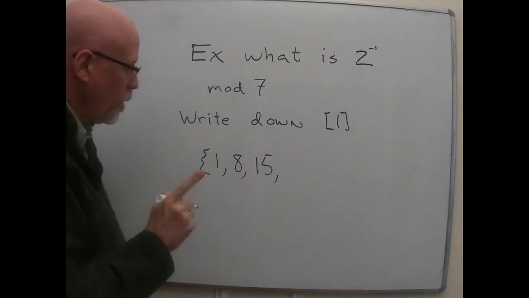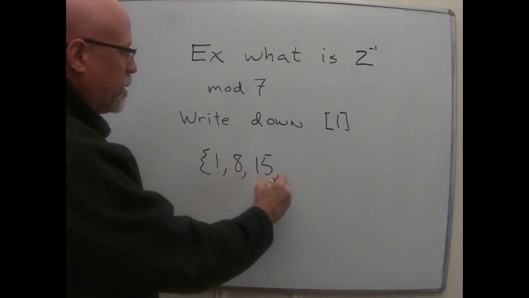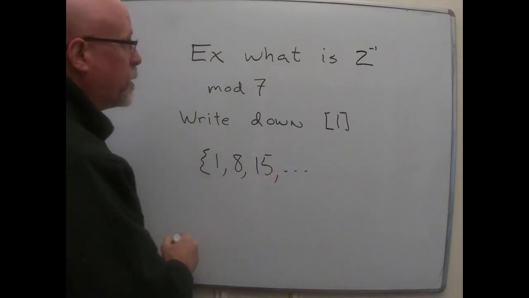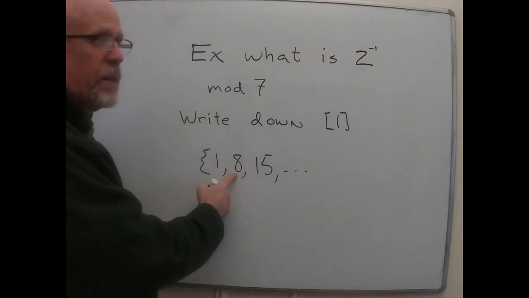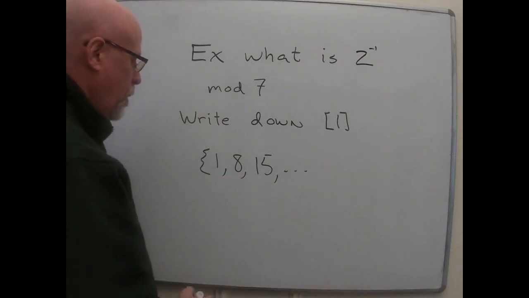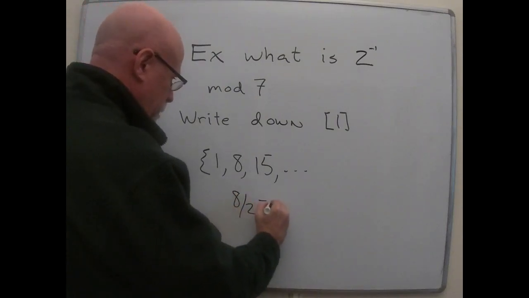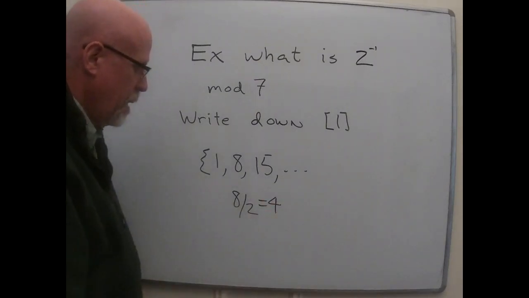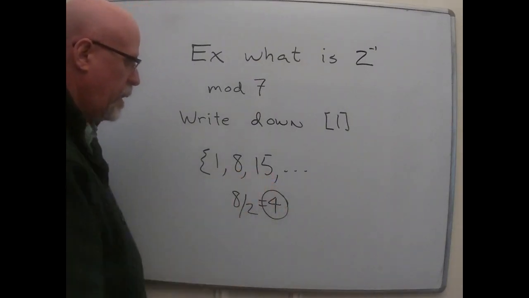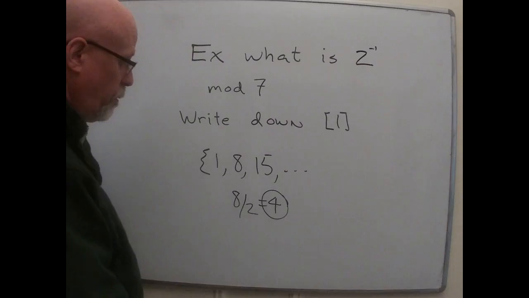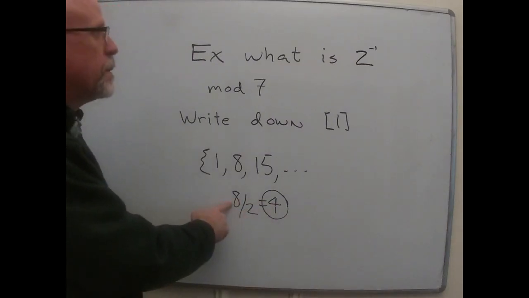But what I'm looking for is one of these numbers that is divisible by 2. Do you see it there? 8. So go ahead and divide it. 8 over 2 gives me 4. And I'm claiming that's the thing that acts as an inverse for 2. Because, after all, 2 times 4 gives me 8.